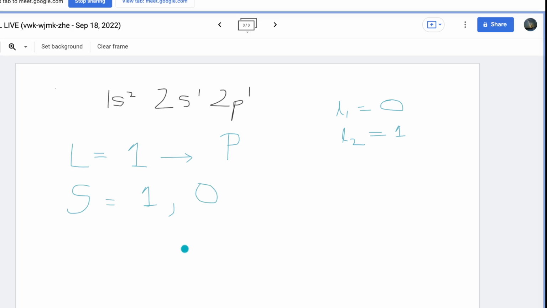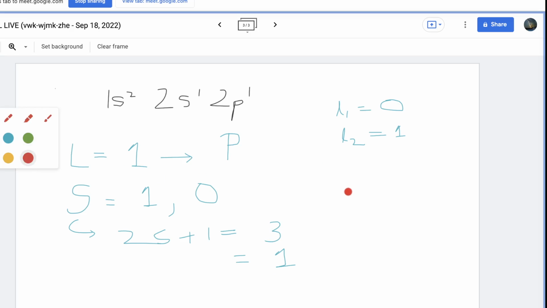Okay, so this gives me the multiplicity, that is 2S plus 1. If my S equal to 1, it will be 3, and if my S is equal to 0, it will be 1. Okay, so multiplicity can be 3 and 1.